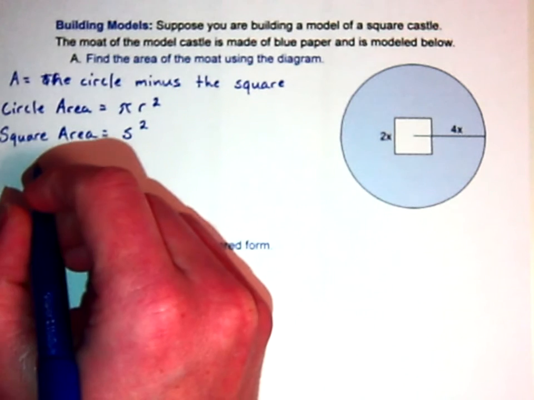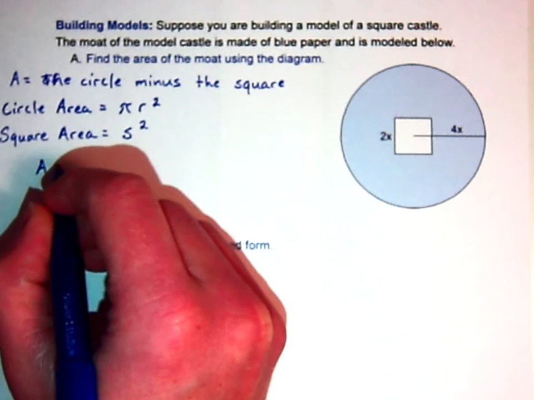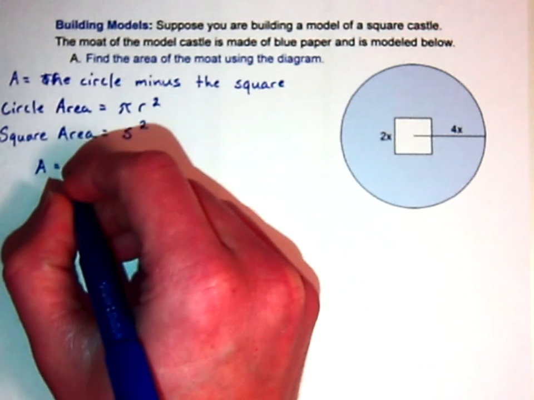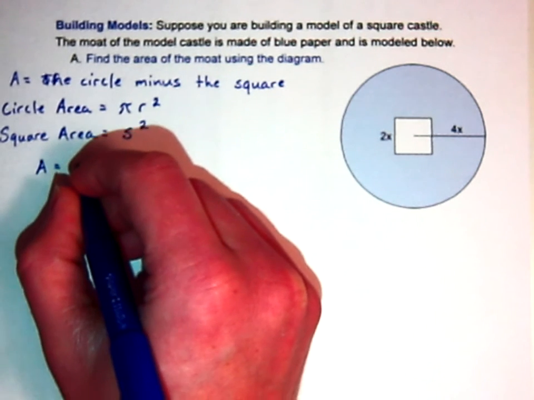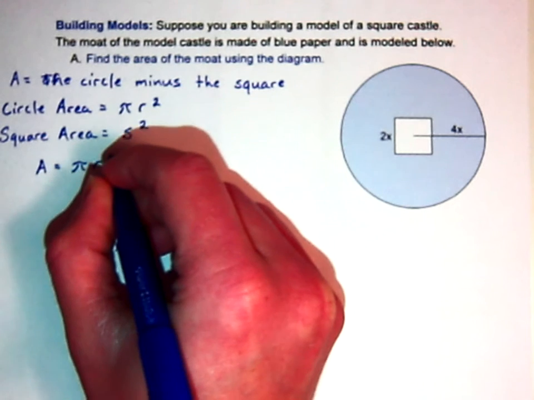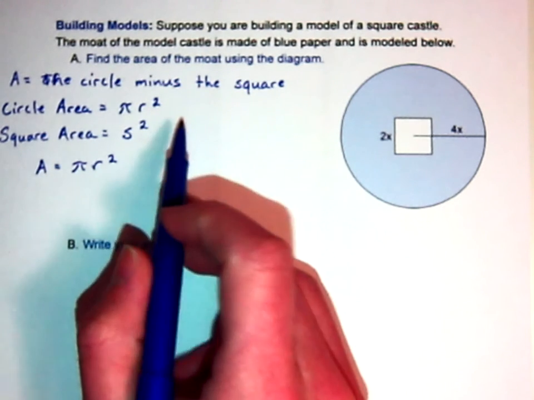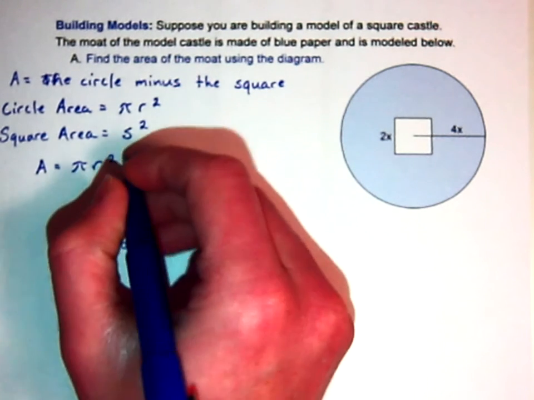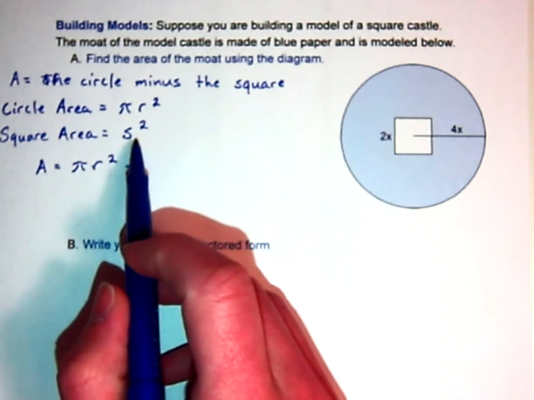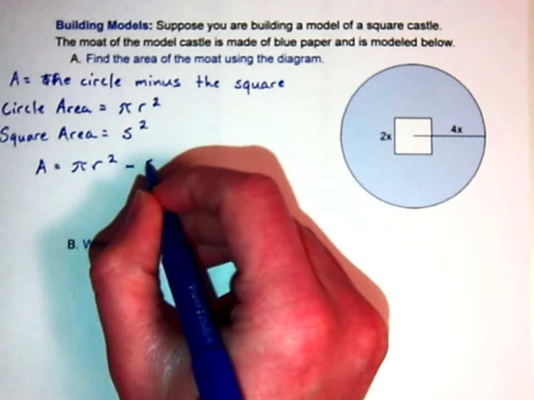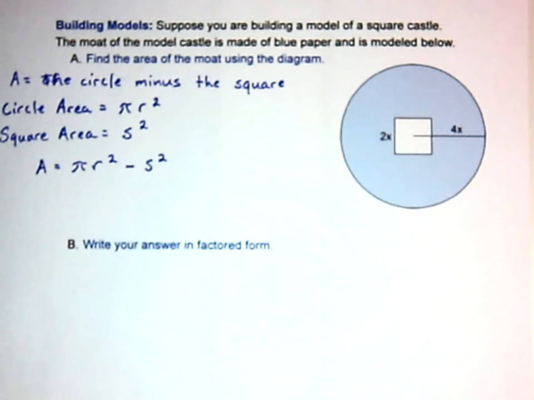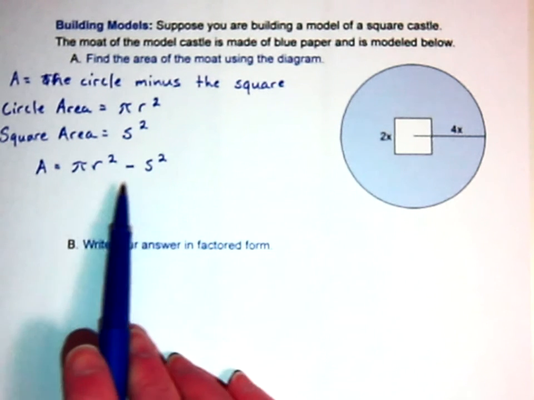The area of my moat equals the circle area formula, pi r squared, but then I'm subtracting the square area formula. Then I need to identify, can I replace the r? Can I replace the s?